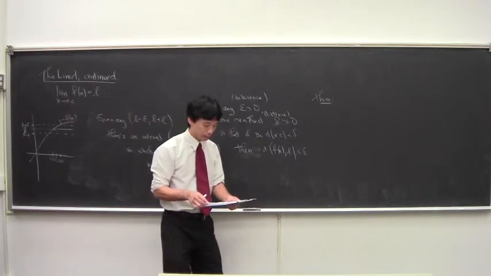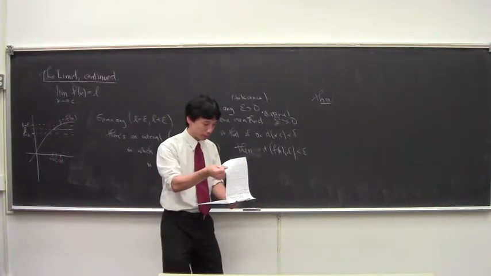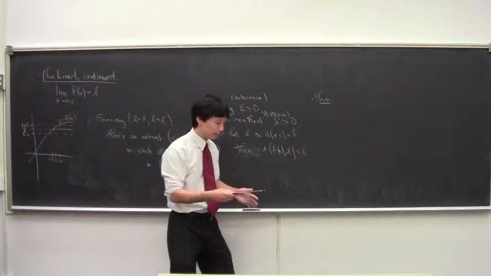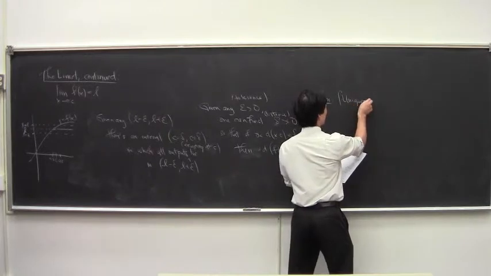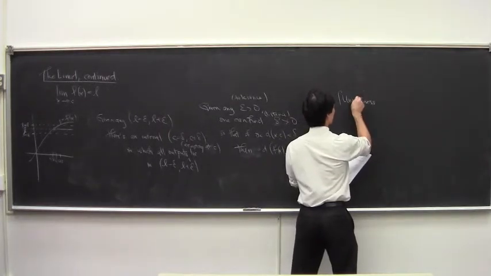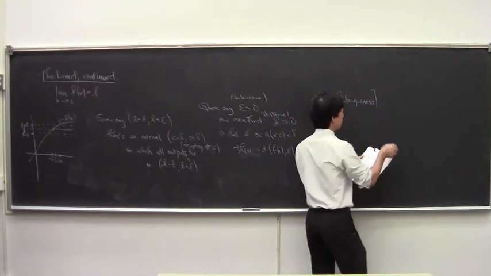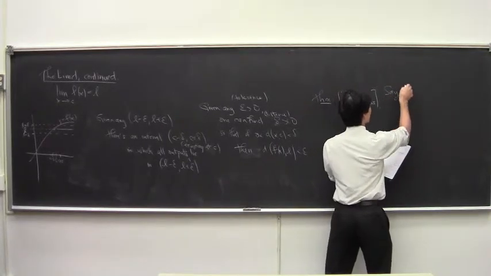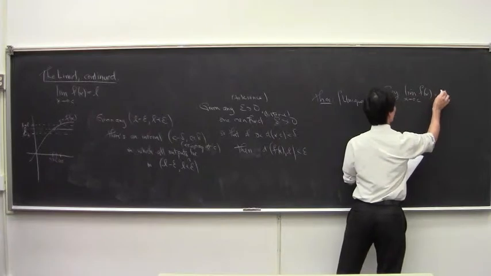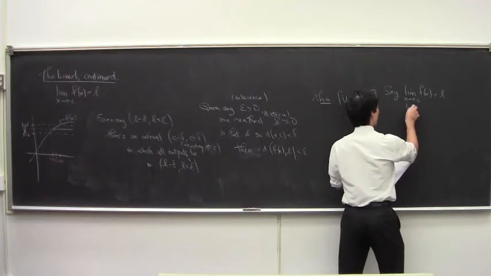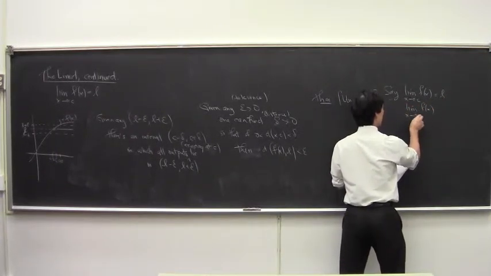Which one should we do? Let's do this one: uniqueness. We stated it this way last time. Suppose that the limit of f of x as x goes to c is L, and suppose that the limit of f of x as x goes to c is M.